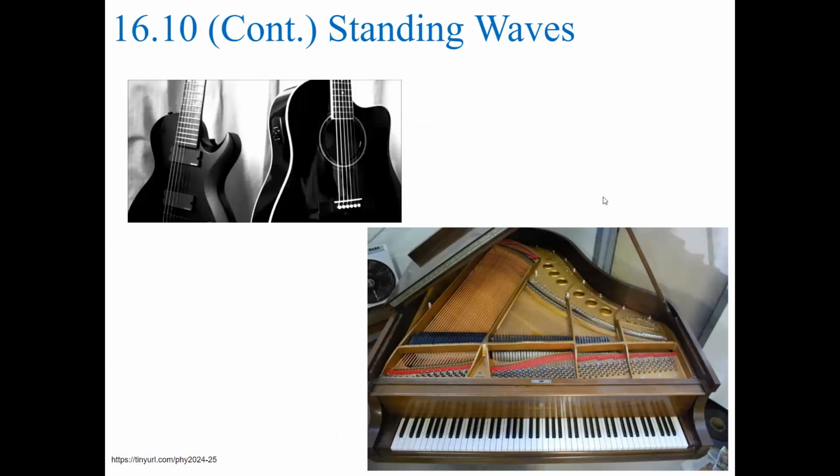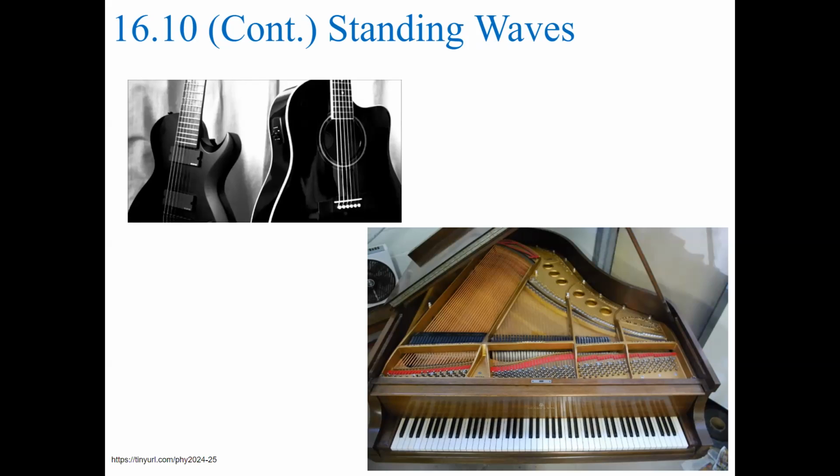Now, next we'll be looking at standing waves. We have done this lab previously, but basically a standing wave is a wave confined in a medium. If you have a string, it's confined in the string. If you have an air column, it's a wave confined in the air column.